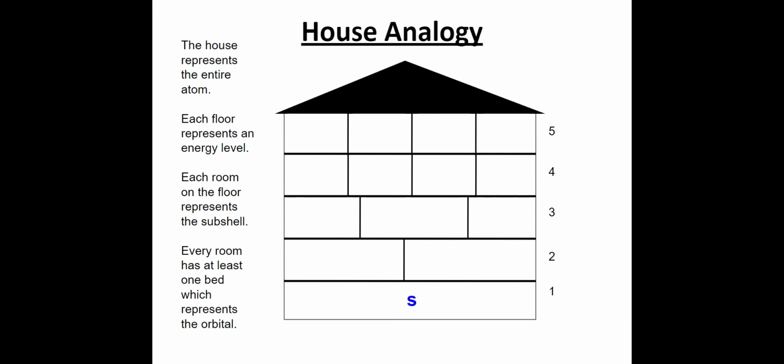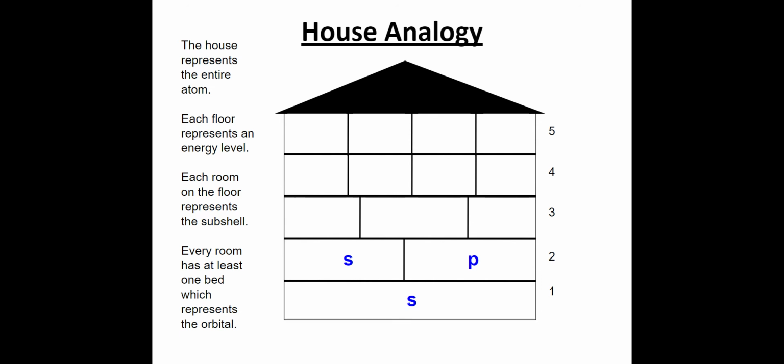The first floor has a single room, and that is the 1s subshell. That room has 1 bed. That bed can hold 2 electrons. The second energy level has 2 subshells, the 2s subshell and the 2p subshell.